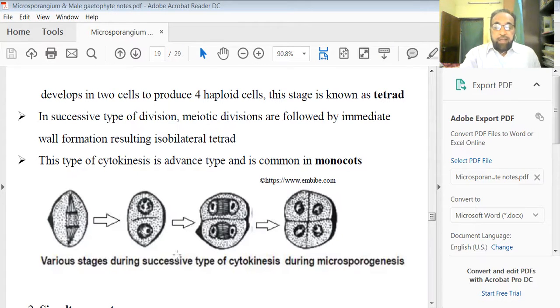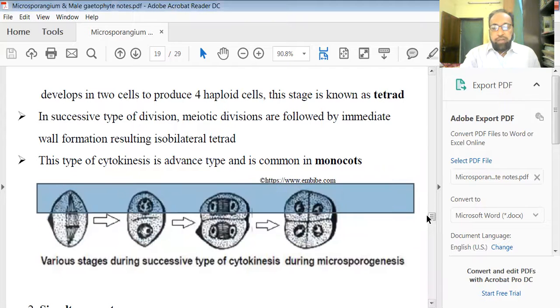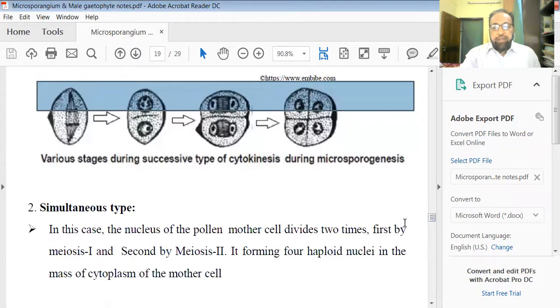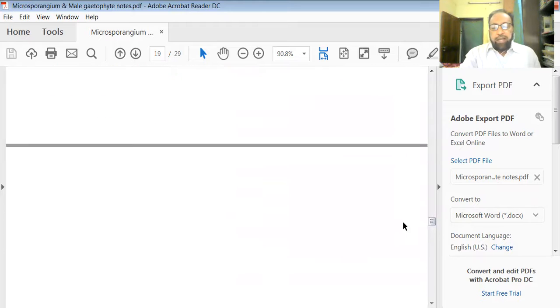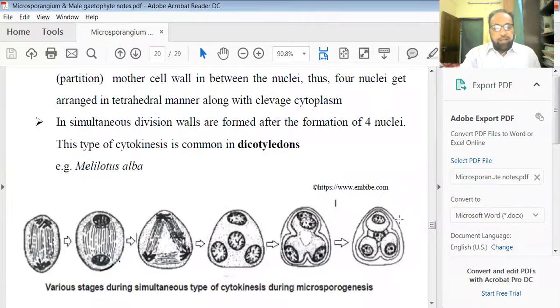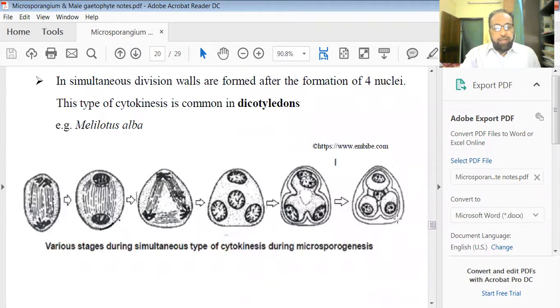Those cells again go through division, and then they form a four-cell structure. In this way, each individual cell structure which you are all seeing over here has a haploid structure, and ultimately in that haploid structure, we will find that microspores are present.